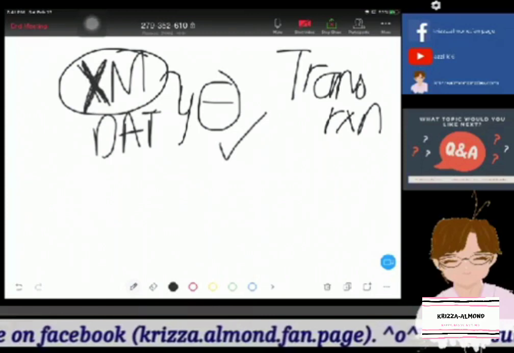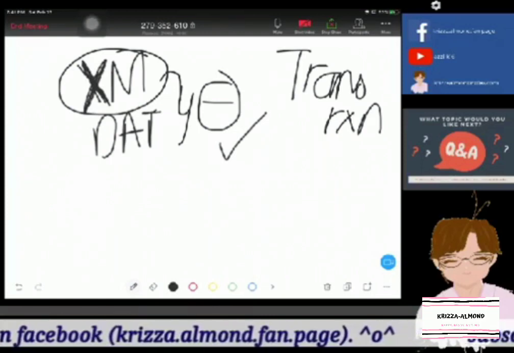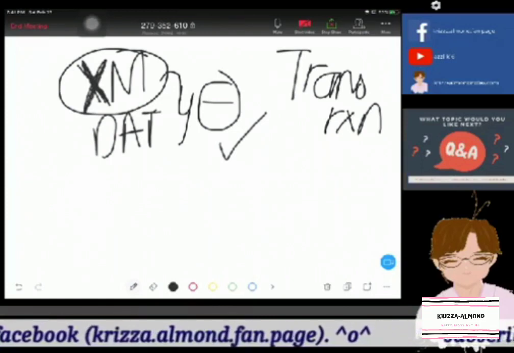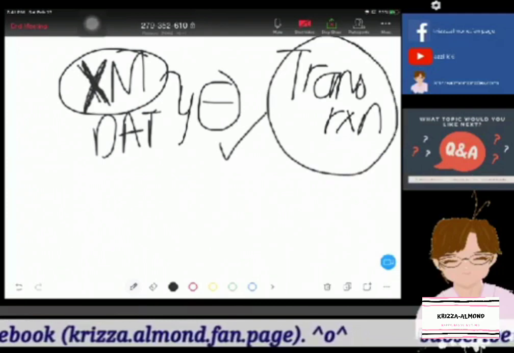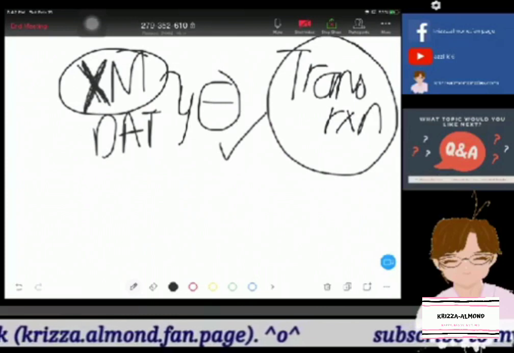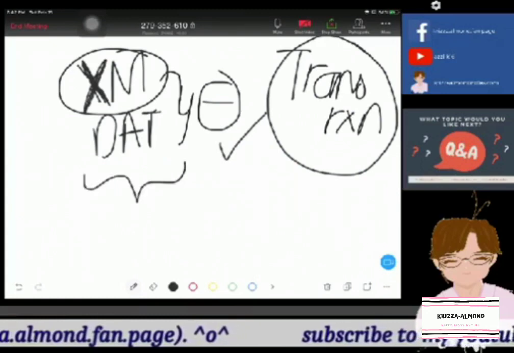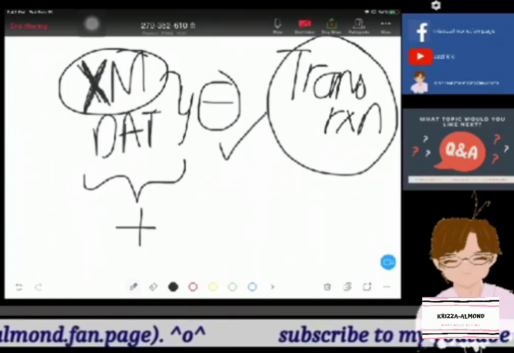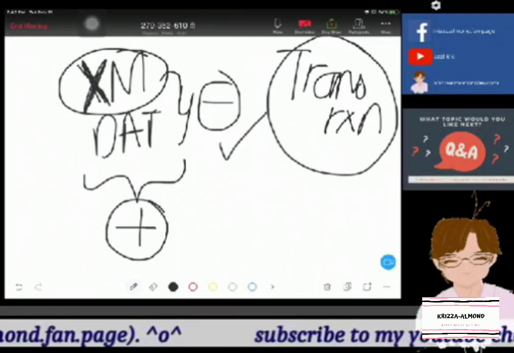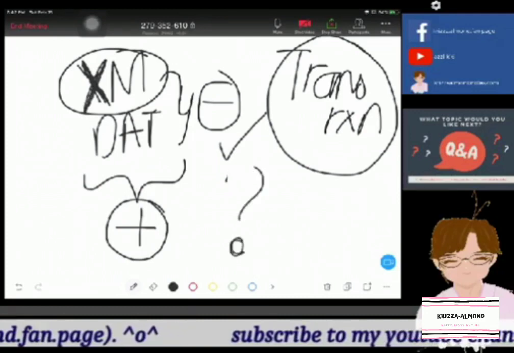Kaya sasabihin sa inyo, laboratory, blood banking, do workup. Bakit tayo nagkaroon ng transfusion reaction? And so you will again retest your specimens. Redo your tests. Tapos, sasabihin sa'yo sa question, upon repeating the tests again, using the same specimen nag-positive ka na. So, what happened in that scenario?